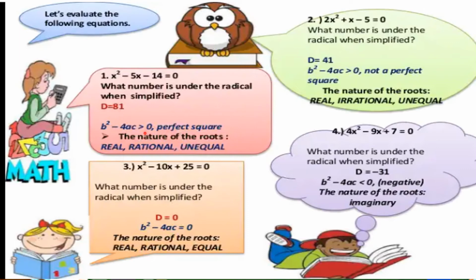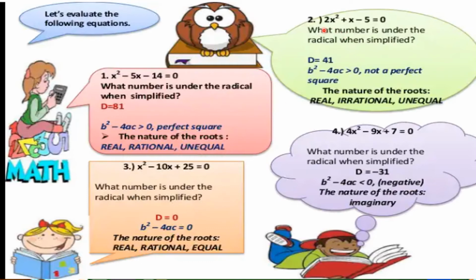So if our answer in the discriminant is greater than 0 and it is a perfect square, ibig sabihin ng perfect square ay perfect kapag nilagay sa radical sign, ang ating nature ng roots ay real, rational, and equal. Okay? Real, rational, equal kapag ka greater than 0 or tinatawag nating positive number tapos perfect square pa siya. Real, rational, equal, unequal. Okay.